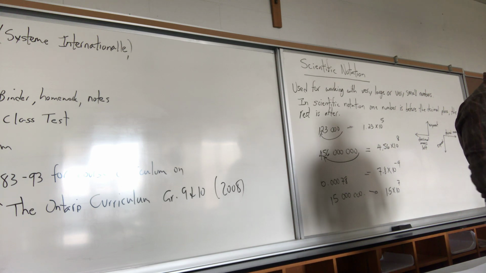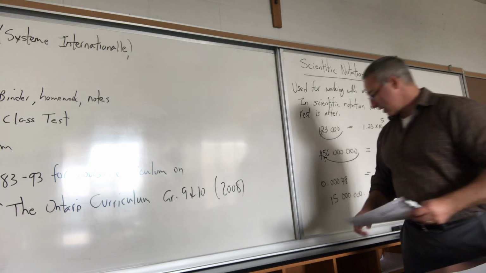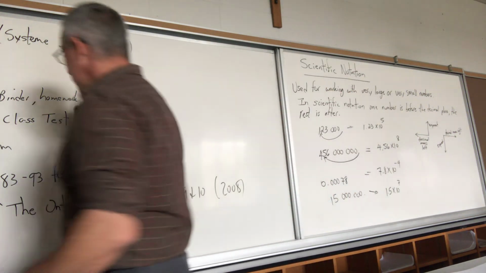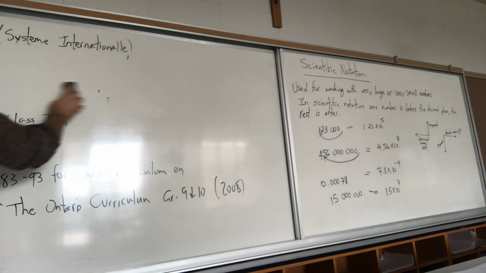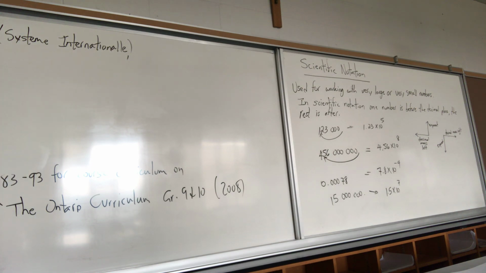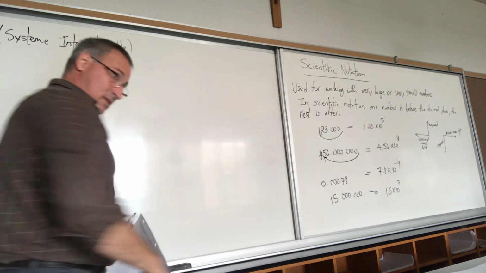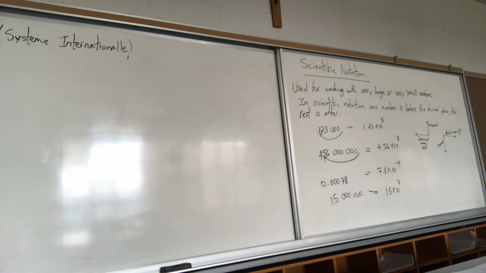So look at page 54, scientific notation, the number 230. Can anyone give me an answer for 230 in scientific notation? The decimal is at the end of the number.